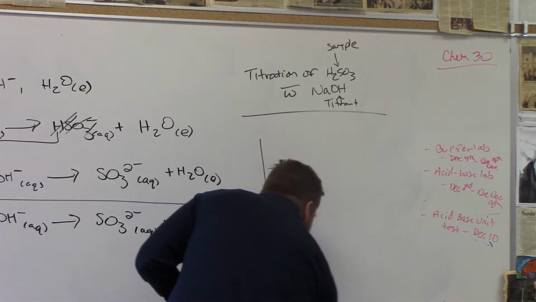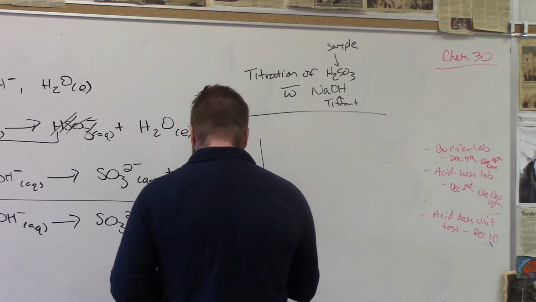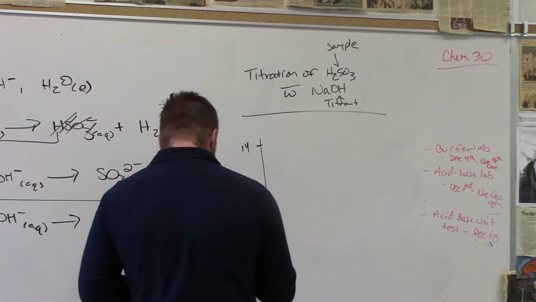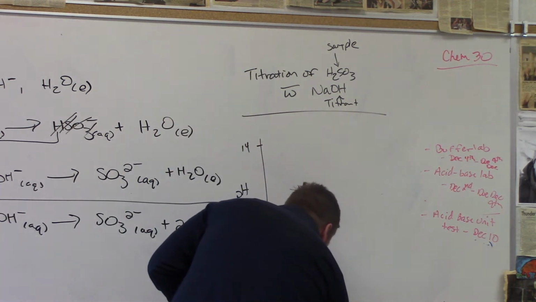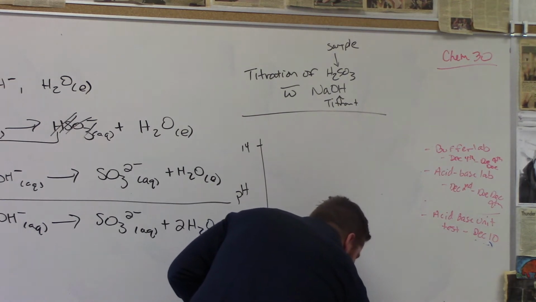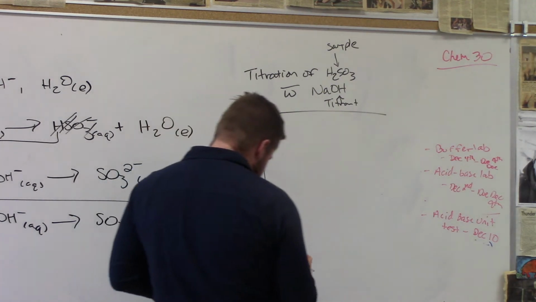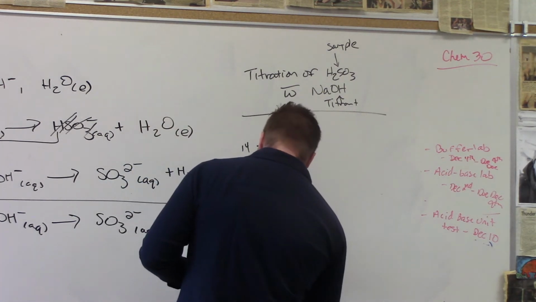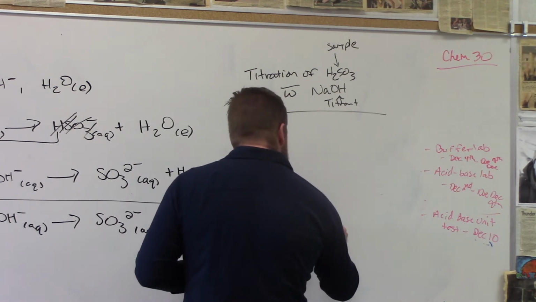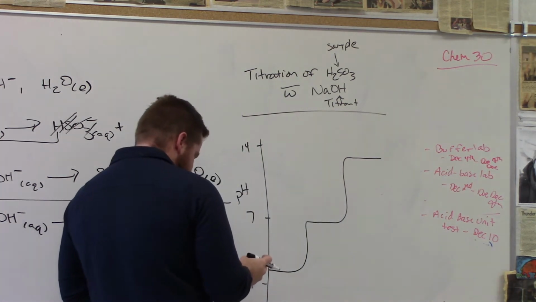We start with an acid, and if I look at where my pH range is, it's generally going to look like that. And then volume of NaOH added. Remember, my sample is acidic, so we start with acidic H2SO3. It's going to generally look like that, okay?